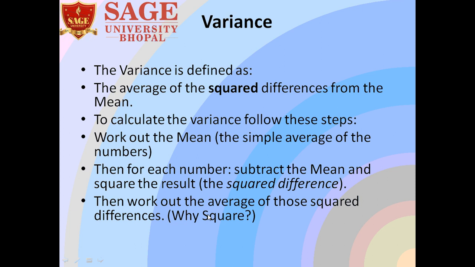The more spread out the numbers, the more advantage we get from the square. If we do not take the square, we will not get the exact value; in some cases we will even get a zero value. So the more spread out the numbers are, the more advantage we get from squaring. Okay, fine, we'll see that.